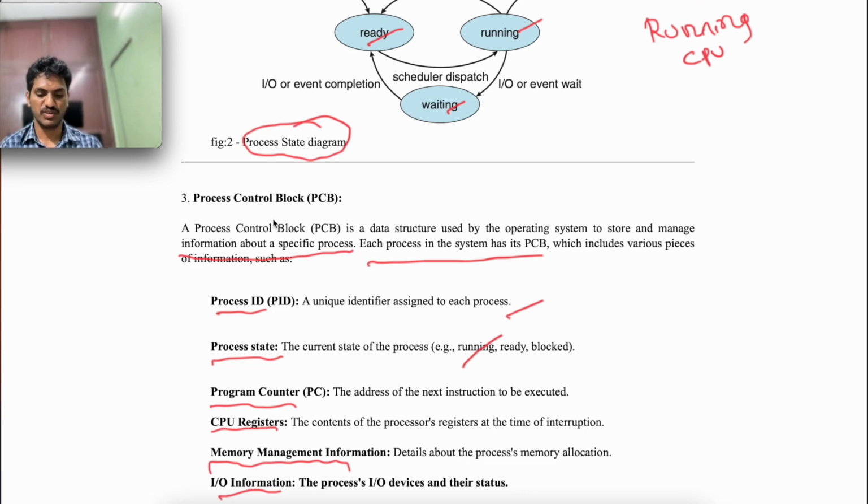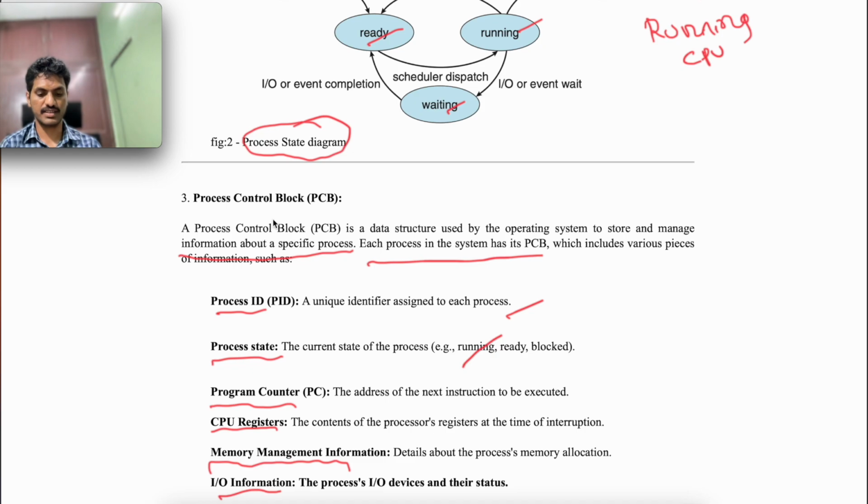Program counter. What is the next instruction to be executed by the CPU? That information is stored in the process program counter.